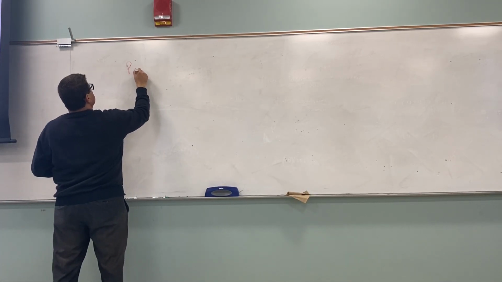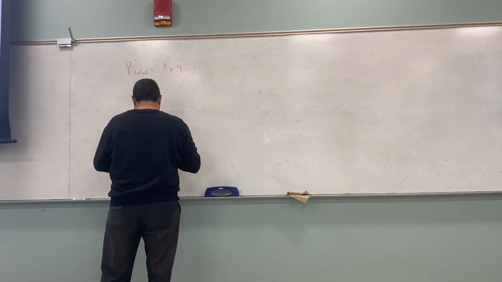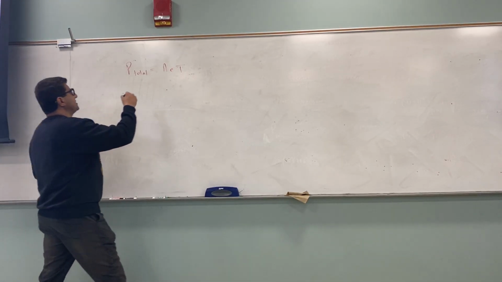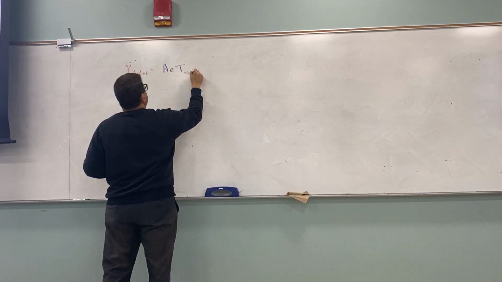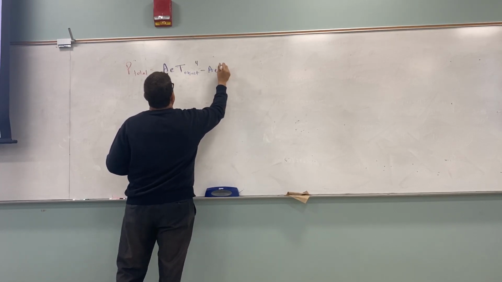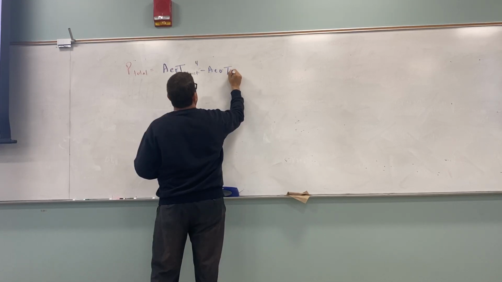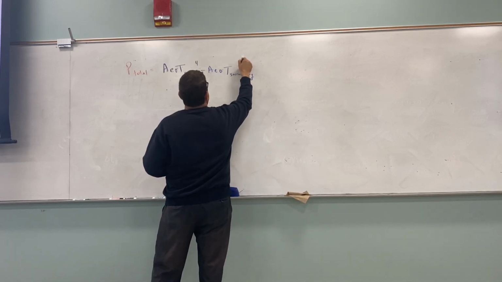The power total is going to be A, E, sigma, T of the object to the power 4, minus A, E, sigma, T of the surrounding to the power 4.